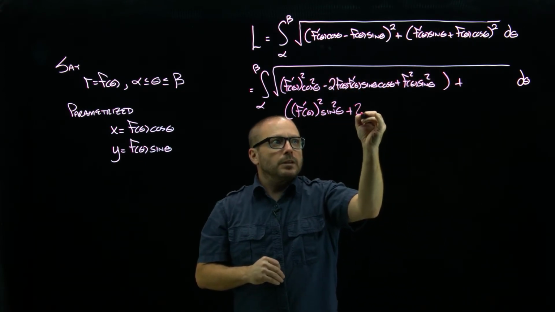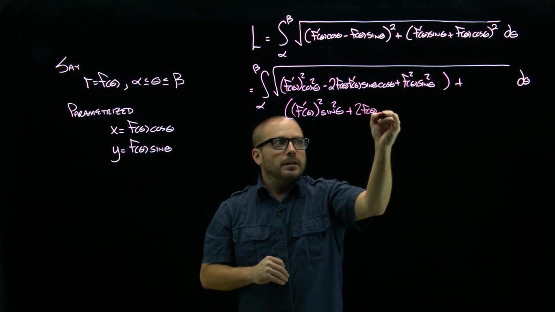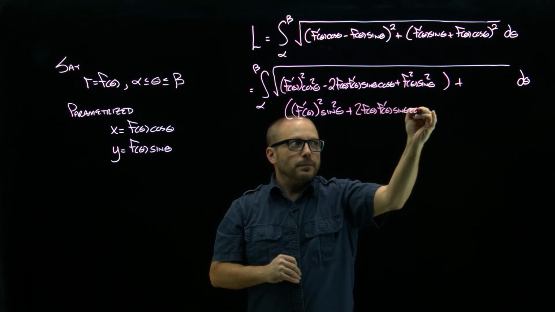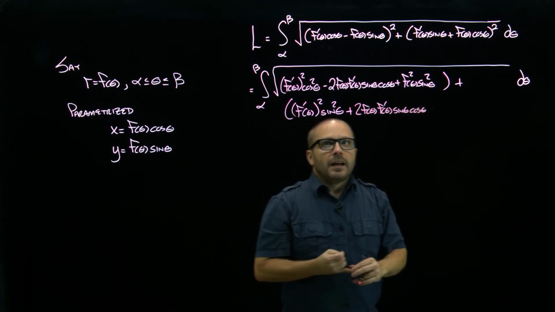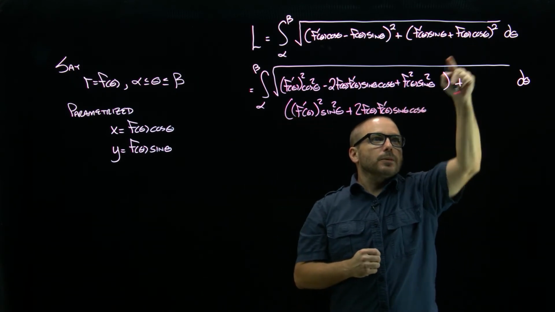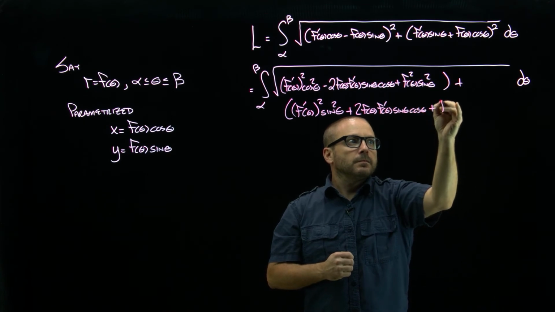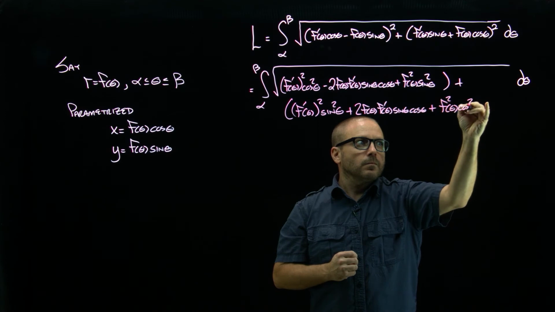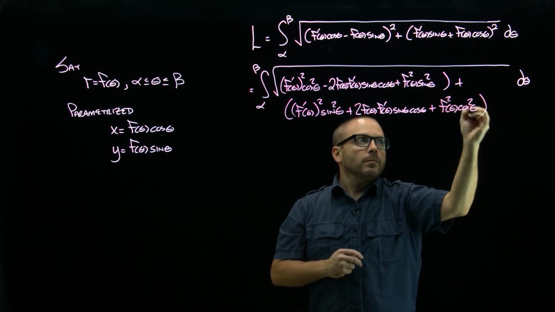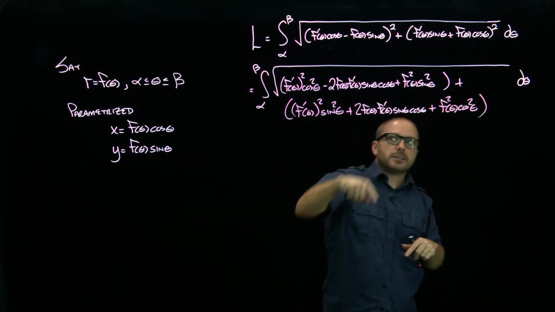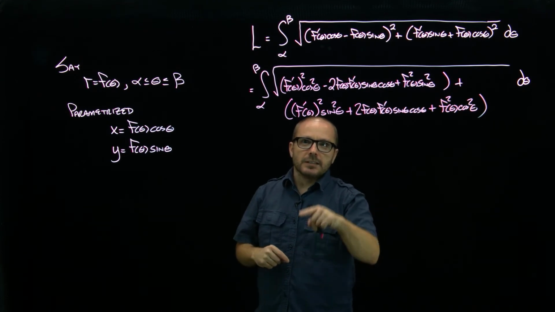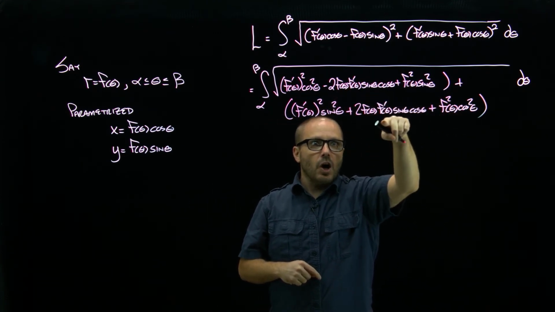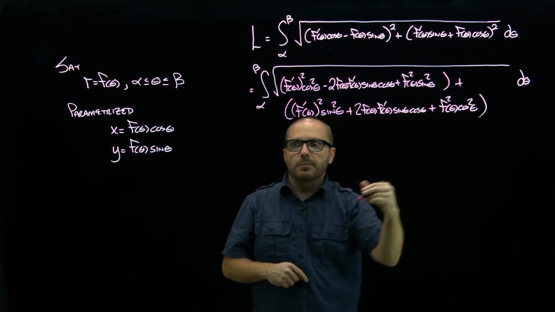So we have plus 2 f prime sine cosine. And then we're going to have this one squared. So we're adding that first line to the second line. And actually, this is nice because this comes out with like terms. The middle's gone, right? That and that are opposites.